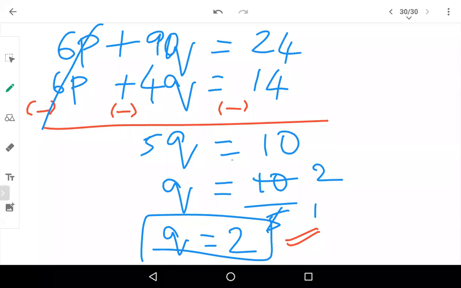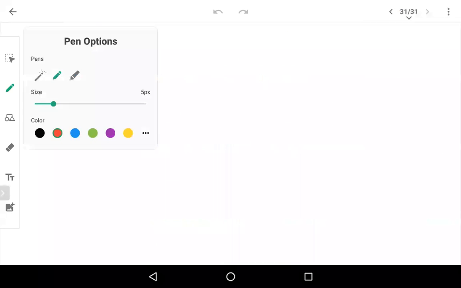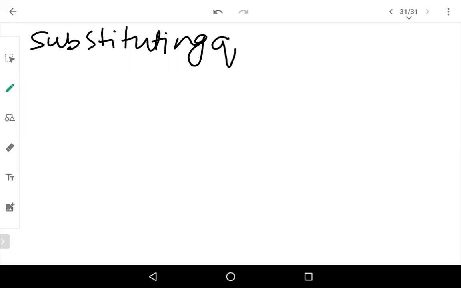We have to substitute in either of one equation. Okay. Now, let us consider substituting q is equal to 2 in equation 1.